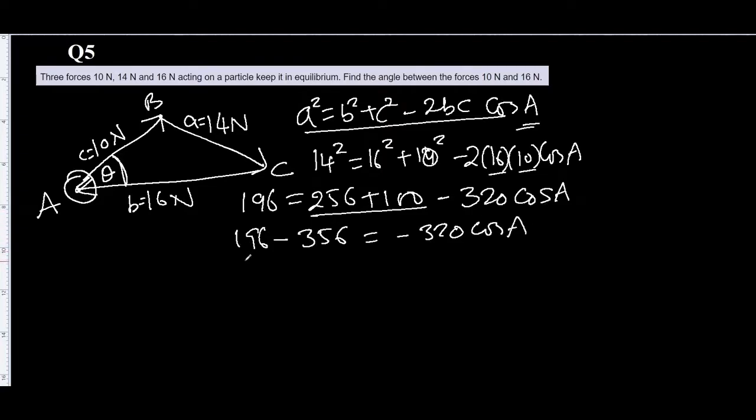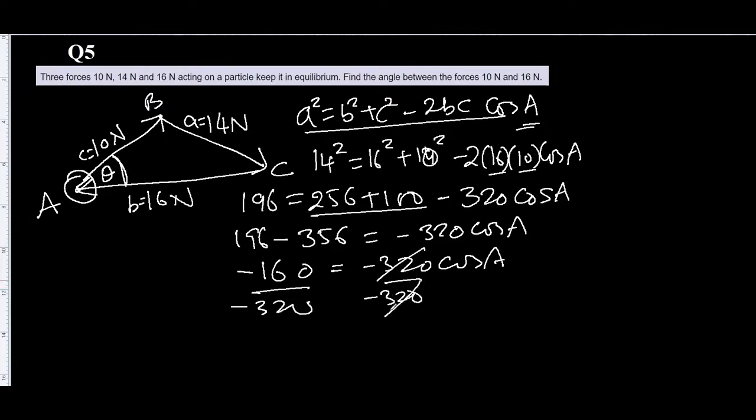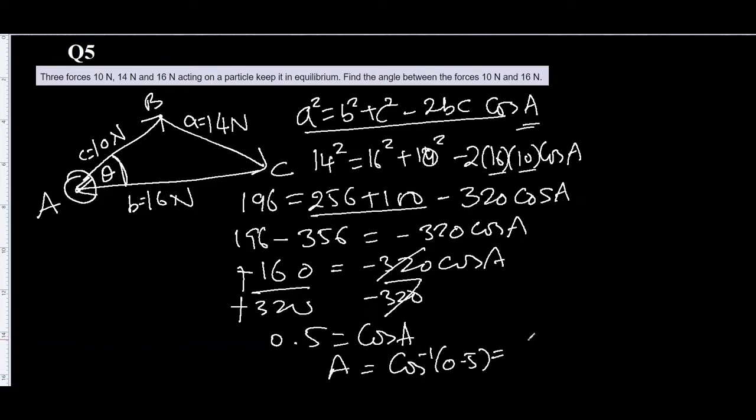So now it becomes minus 160 equals minus 320 cos A. Divide by minus 320 on both sides, the negatives cancel out, so 0.5 equal to cos A. So A becomes cos inverse 0.5, and if we use a calculator, that comes out to be 60 degrees.